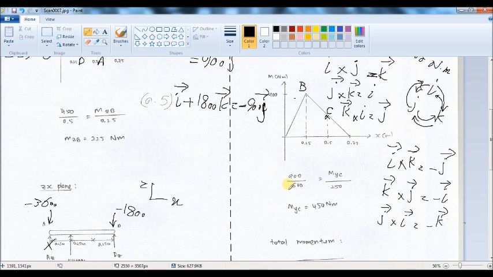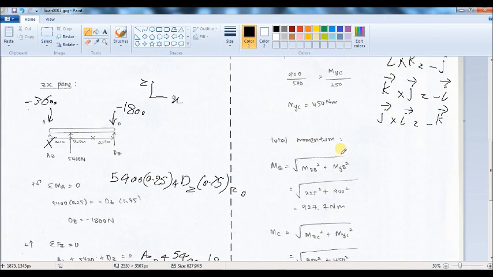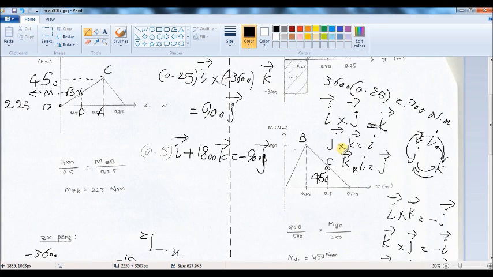So 900, this side of the big triangle, is similar to the moment at point C, and this side, which is 500, is similar to 250 millimeter on this side. So I can find that the moment at location C is 450 Newton meter.